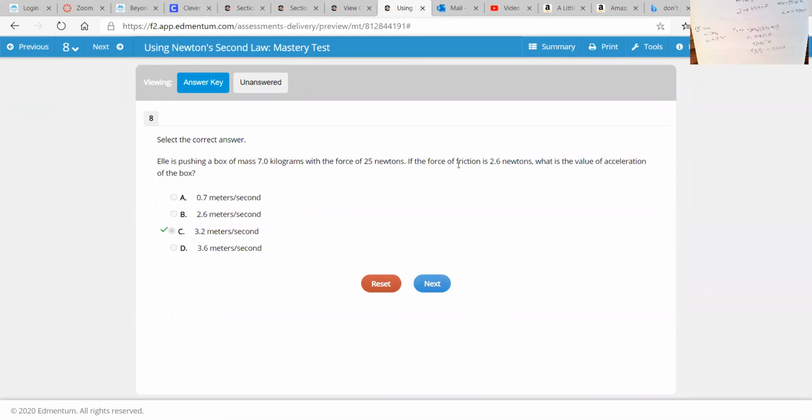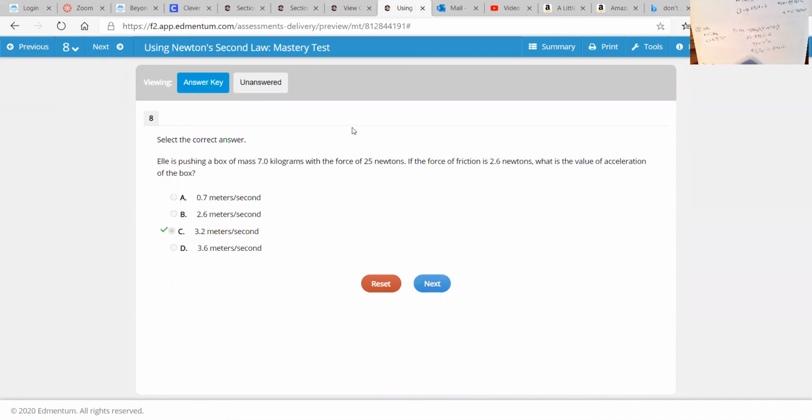L is pushing a box of mass 7 kilograms with a force of 25 newtons. If the force of friction is 2.6 newtons, what is the value of acceleration of the box? So I think this one will be a little trickier for you, but it's okay. Just take your time.